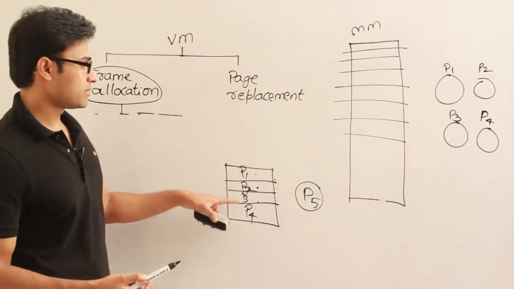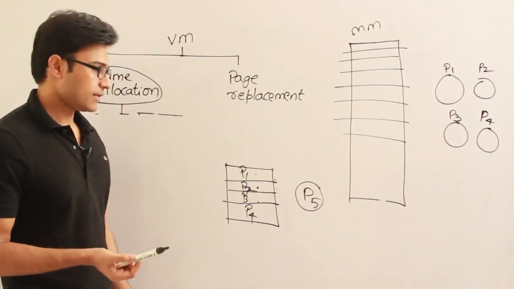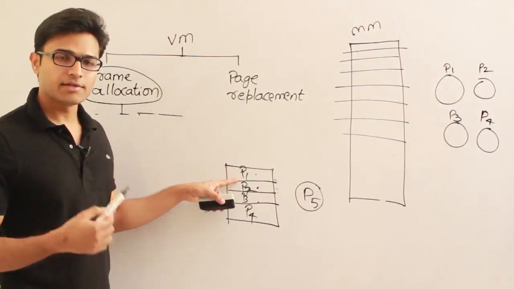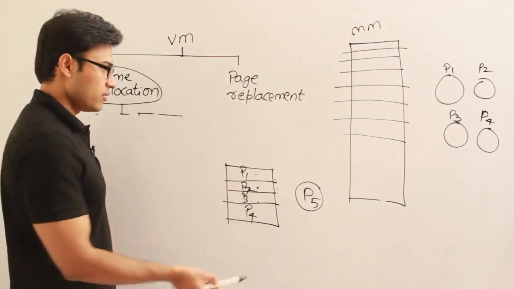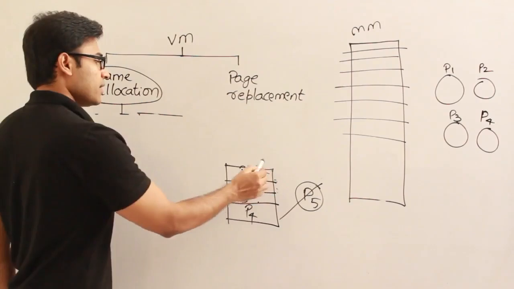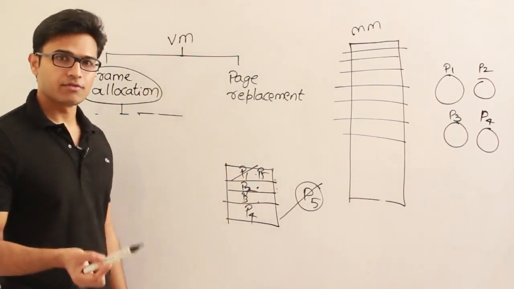And even the page replacement algorithm has to be very careful. Otherwise, let us say P1 has been in use for a long time and is frequently used. Now in order to get P5, if you replace P1, then the chances are that next time P1 might be referred again.